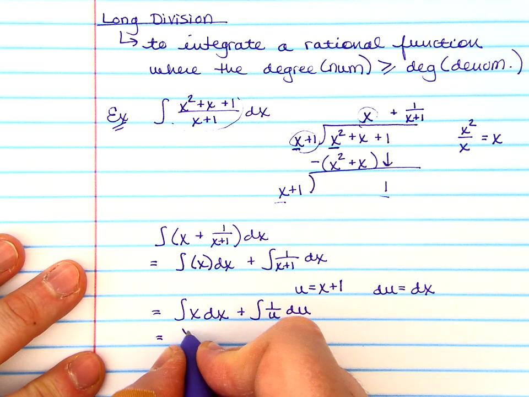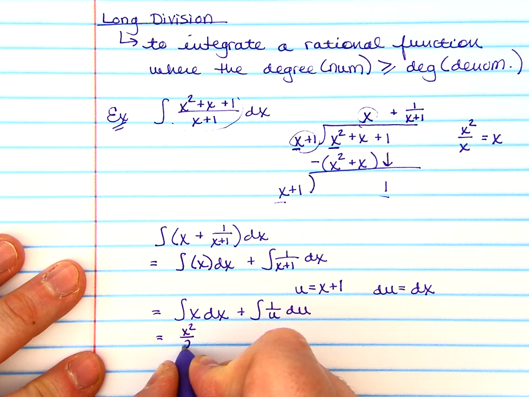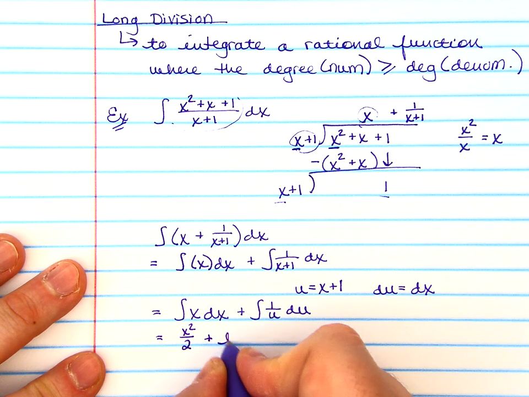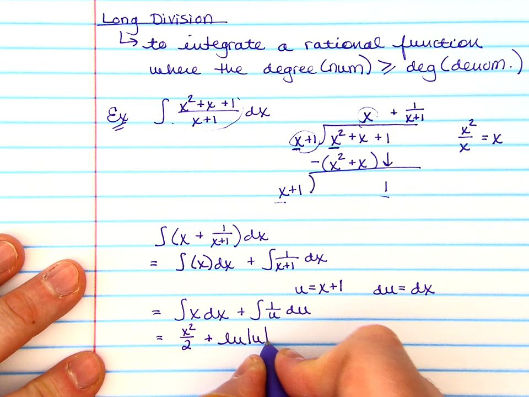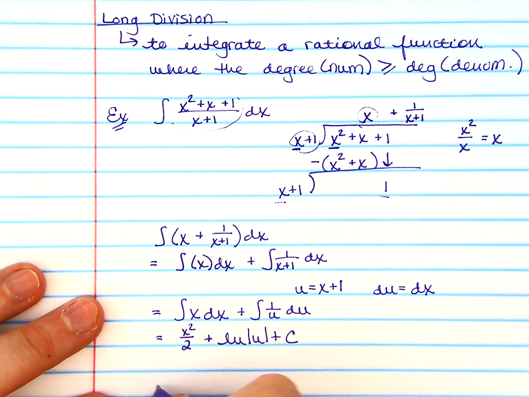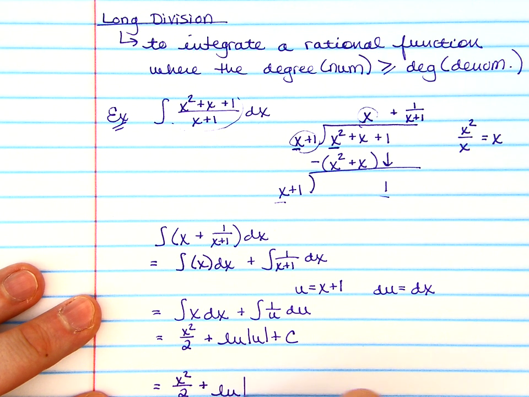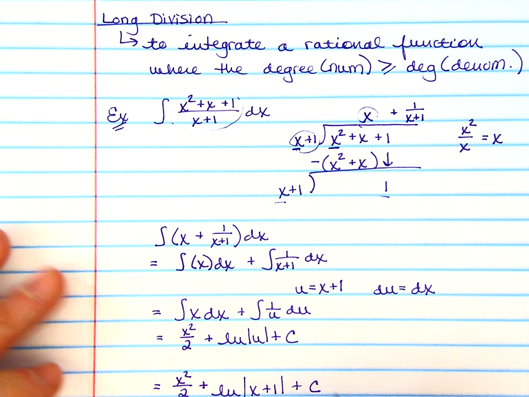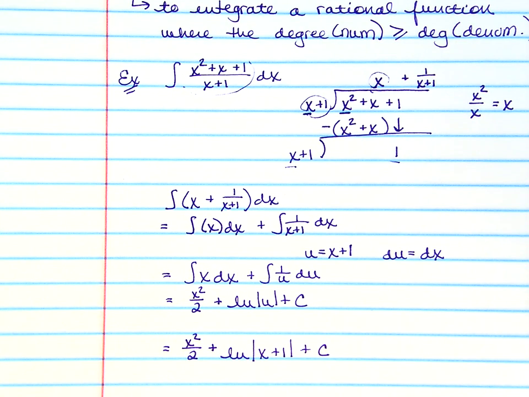I'm going to integrate x squared over 2 plus the natural log of the absolute value of u plus a constant, which gives me an answer of x squared over 2 plus the natural log of the absolute value of x plus 1 plus c.